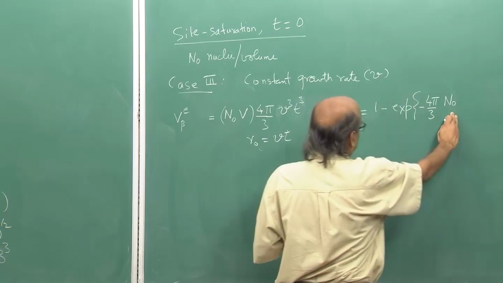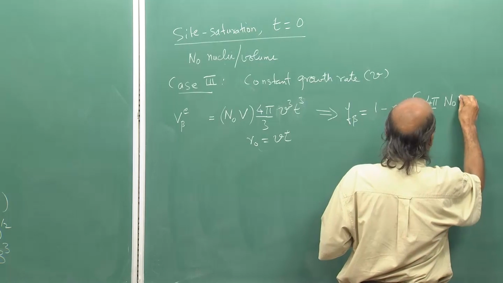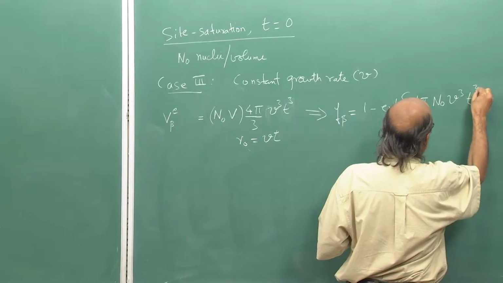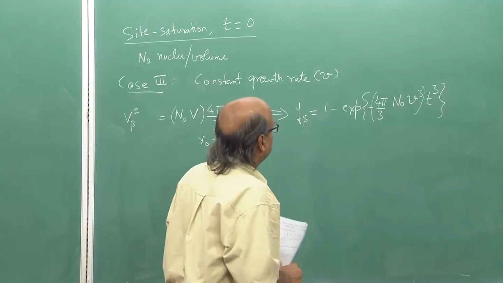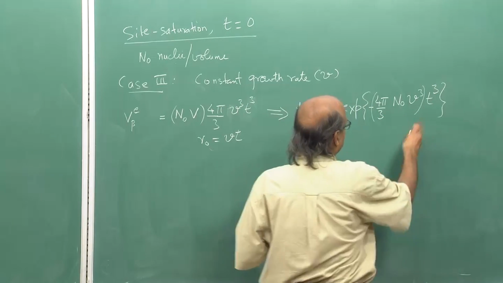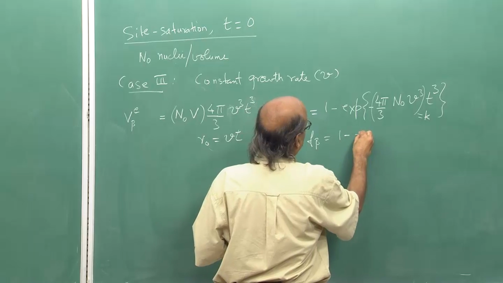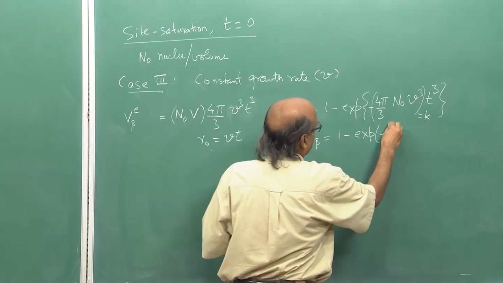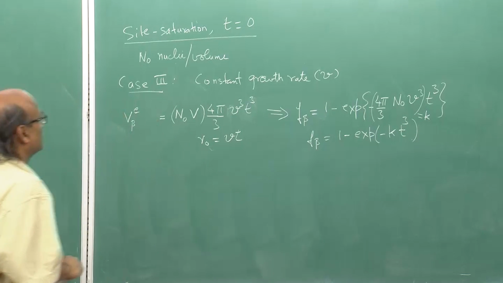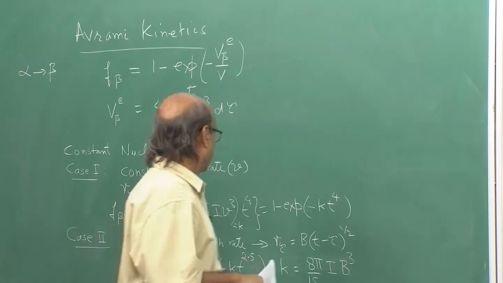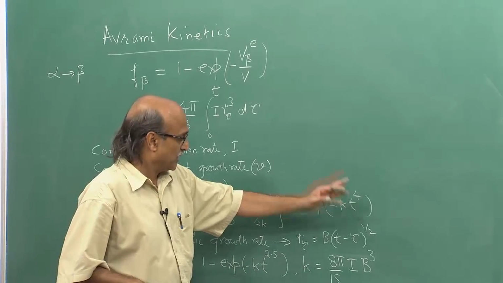So, in this expression then f beta is equal to 1 minus exponential minus 4 pi by 3 N0 V cube t cube. Here again you will see that one can take the terms in the circular brackets as a constant k, and this time we have fraction beta transformed as 1 minus exponential minus k t cube. Here now the exponent of time in this case is 3 as compared to the previous two cases where we had an exponent of time of 2.5 and an exponent of time of 4.